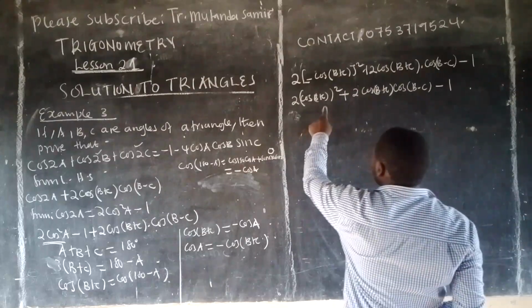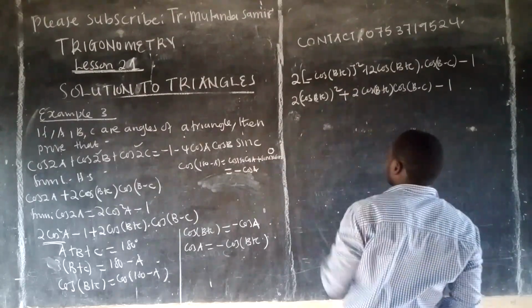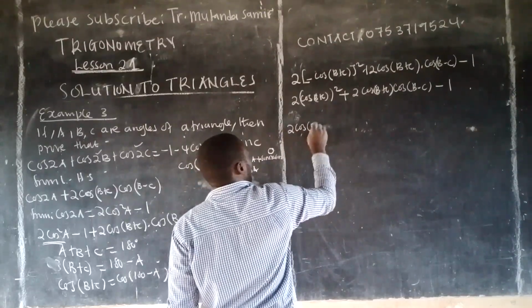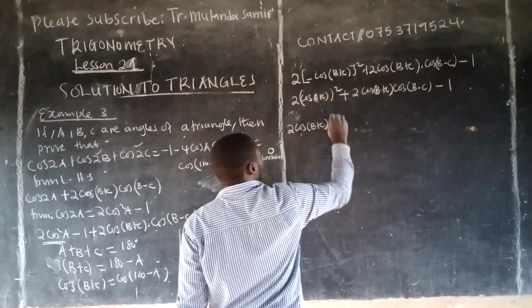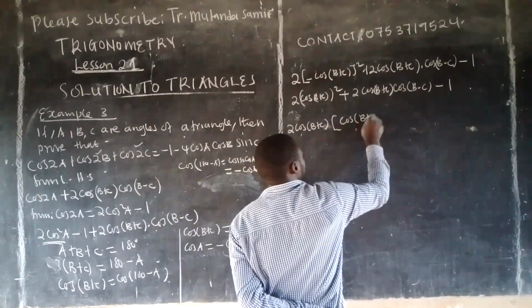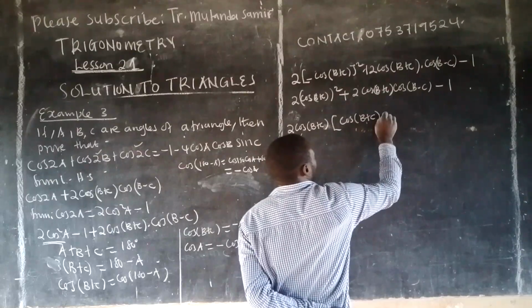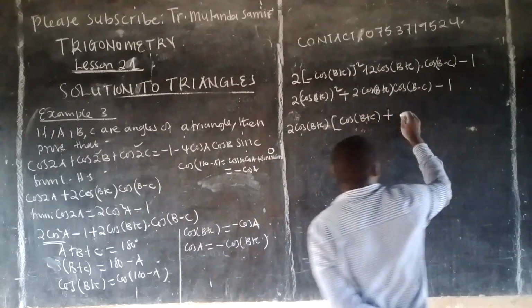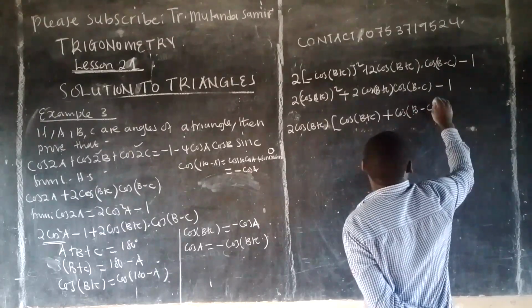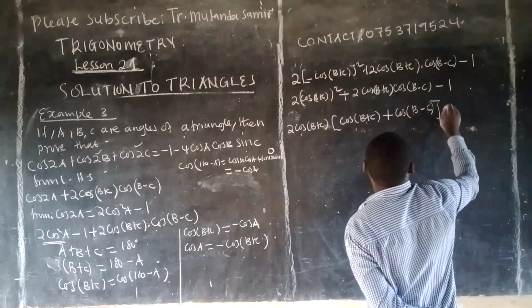Now the common factor is cos b plus c, so we shall say 2 cos b plus c is a common factor. So you shall remain with cos b plus c, plus cos b minus c, then minus 1 there.